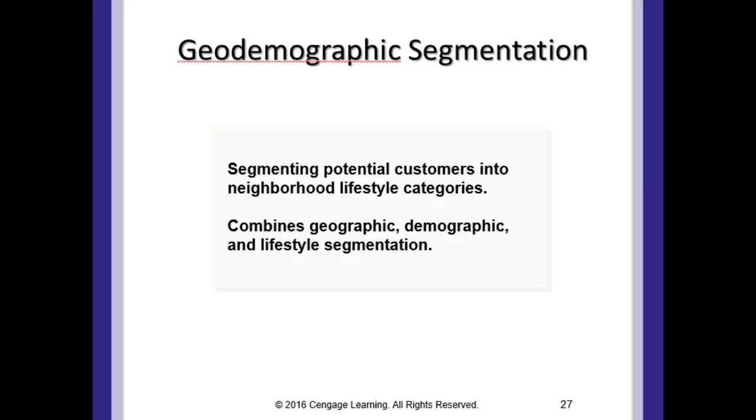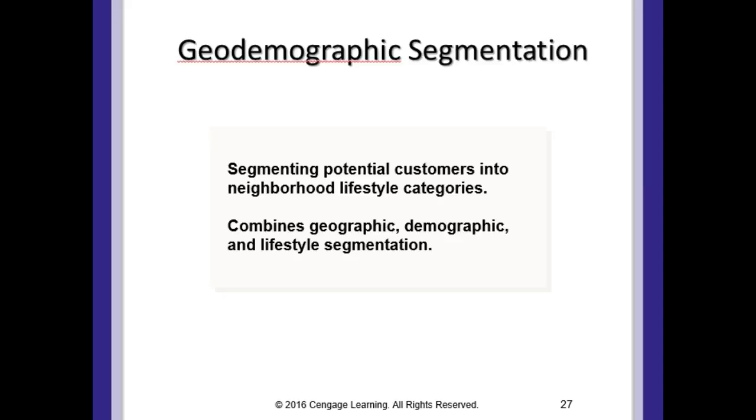Geodemographics is breaking customers down into neighborhood lifestyles. It's a combination of the geographic, where they're living, the demographic, which is like the age, life cycle, gender, income level, things like that, and then the lifestyle segmentation, which we just talked about.